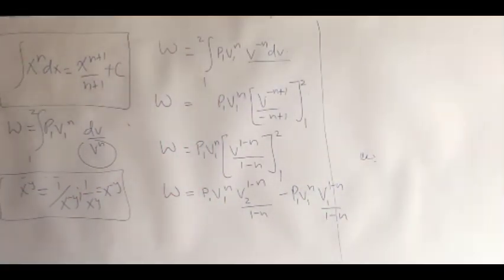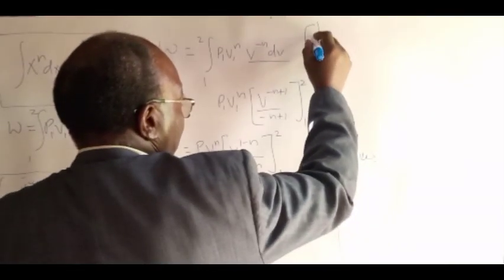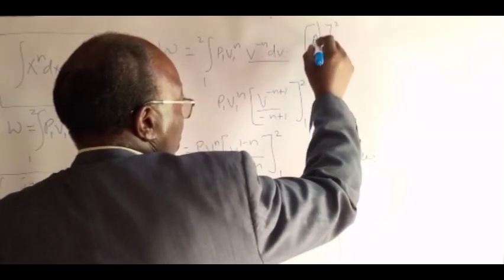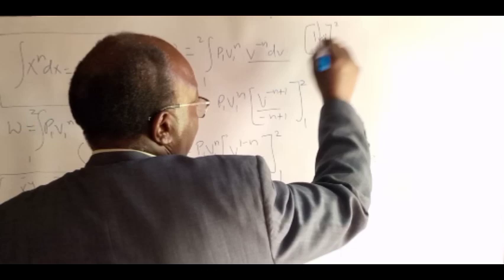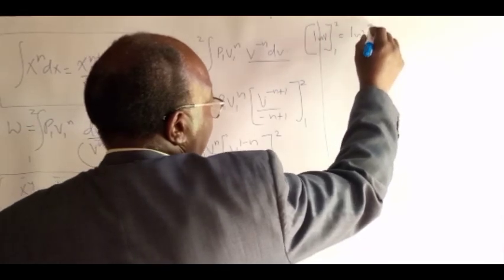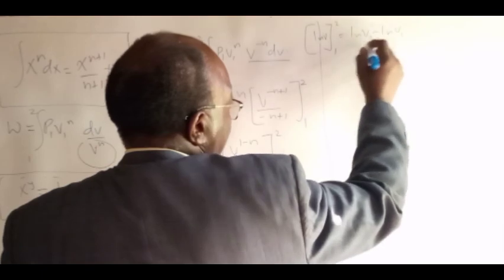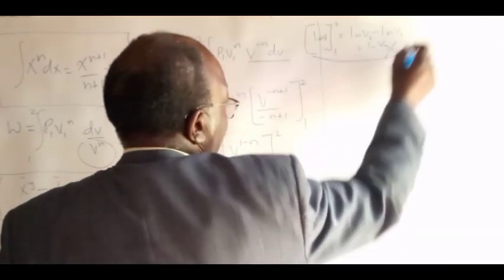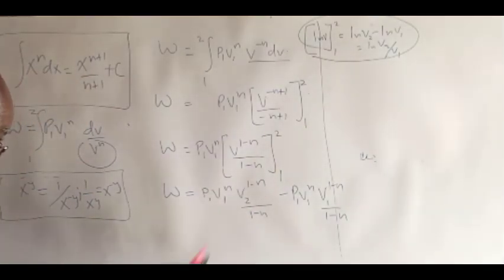So that's very straightforward arithmetic. We just remember anytime we have integrated and we've gotten some expression like A, evaluated from 2 to 1. If we have, let's say, a value natural log of V, then it becomes natural log of V2 minus natural log of V1, that is natural log of V2 over V1. So that's how we open up that bracket you are seeing there.